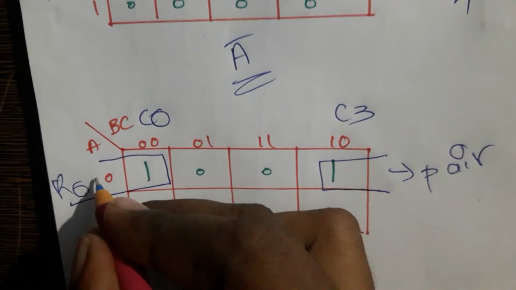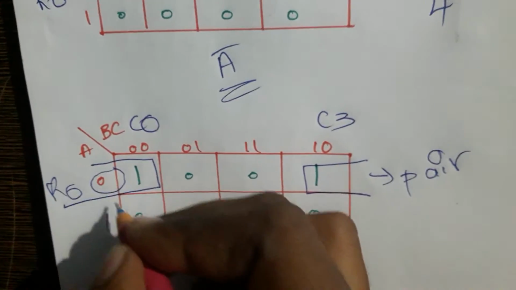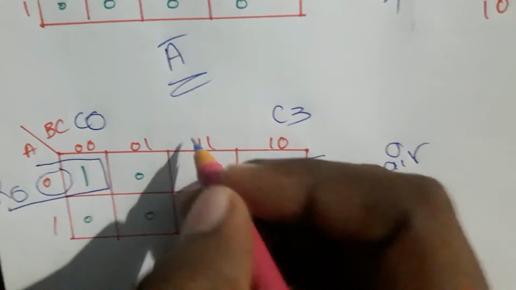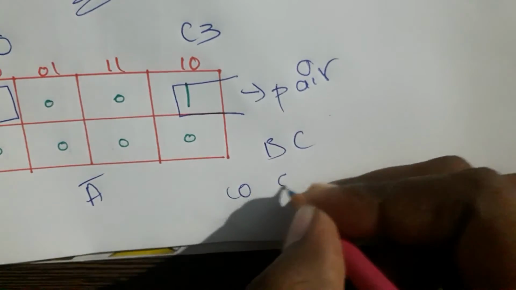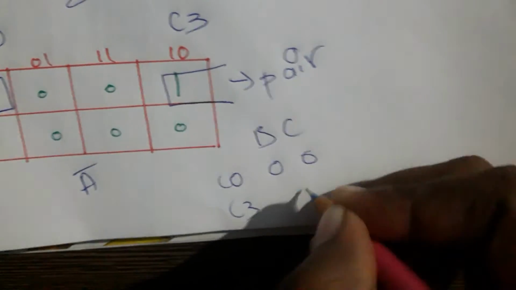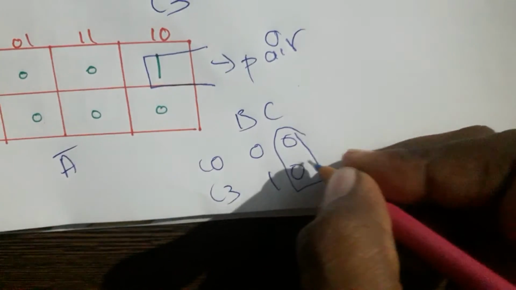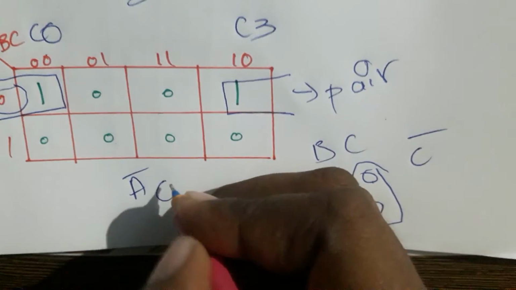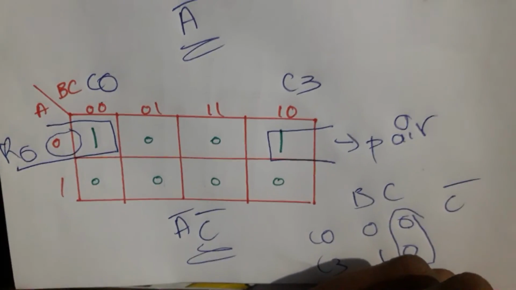R0 is only one row, so we take it: in place of A we are having 0, which means A bar. For columns C0 and C3, in place of BC, C0 is 00 and C3 is 10. The common term is C, that means 0, so C bar. So A bar and C bar. The final equation is A bar C bar.